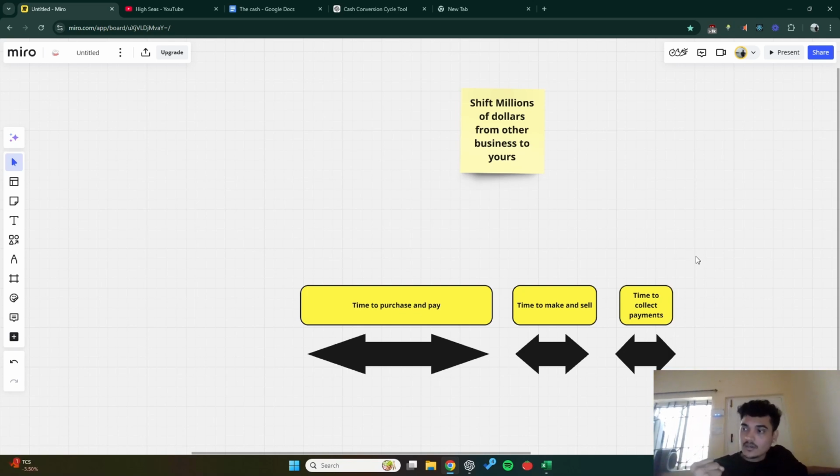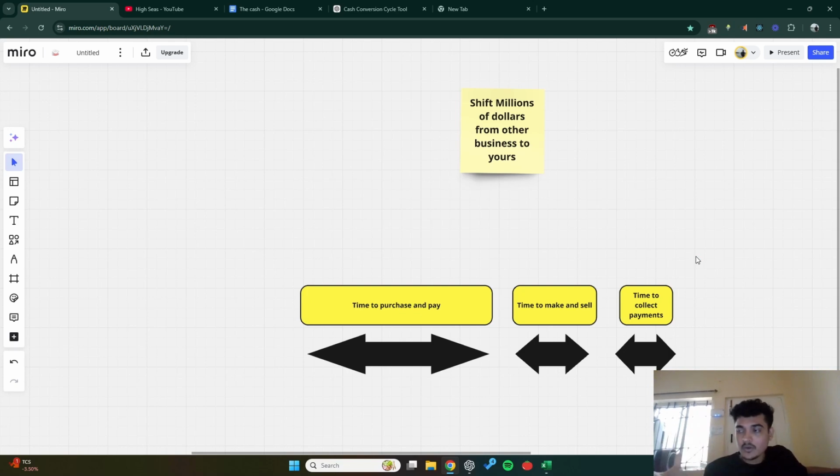You need to create and sell the products. The inventory that is in your warehouse, you need to try to sell it as quickly as possible. These are the two main things. And the third one is you need to increase the amount of time you take to pay your suppliers. So these are the main variables that you can maneuver with.